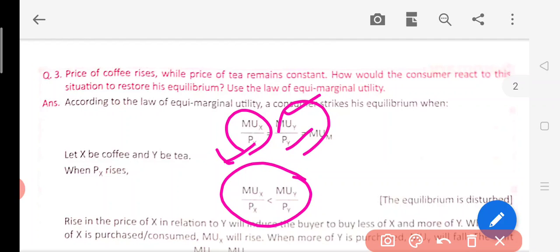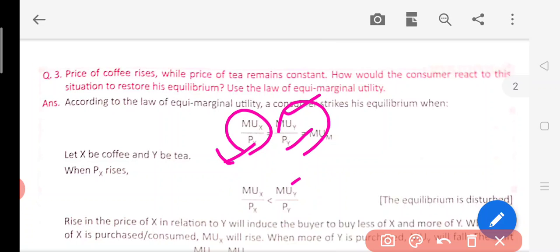So here we can say that the marginal utility which a consumer is getting is high in Y commodity, or tea. Why is he getting more satisfaction with tea? Because coffee price has been raised, that is PX. So that is why he's moving to the other option, which is tea. So here he is getting more satisfaction in Y good. Now as a result, what should he do in order to achieve equilibrium?